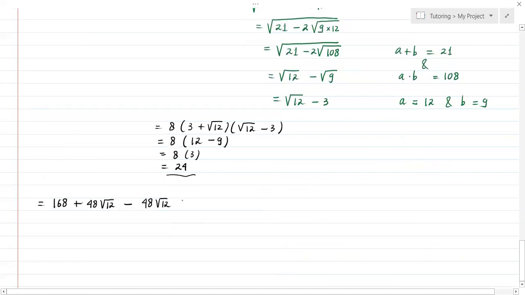So we can write here 24 and simplify this part. So our final solution is 192.